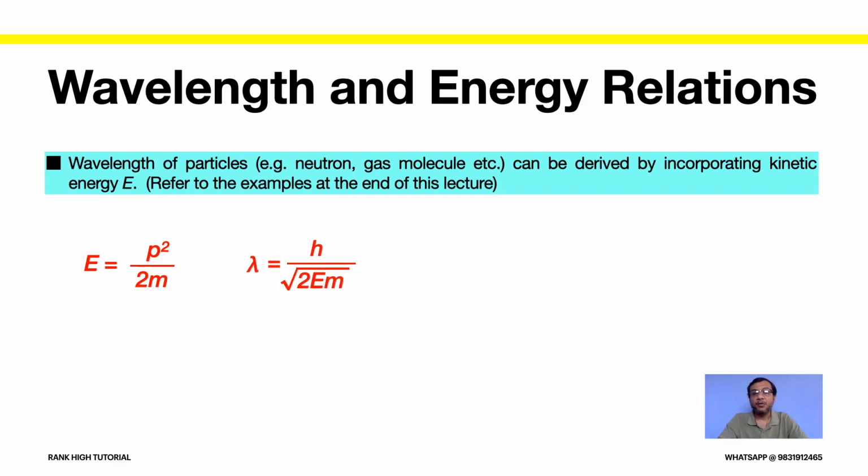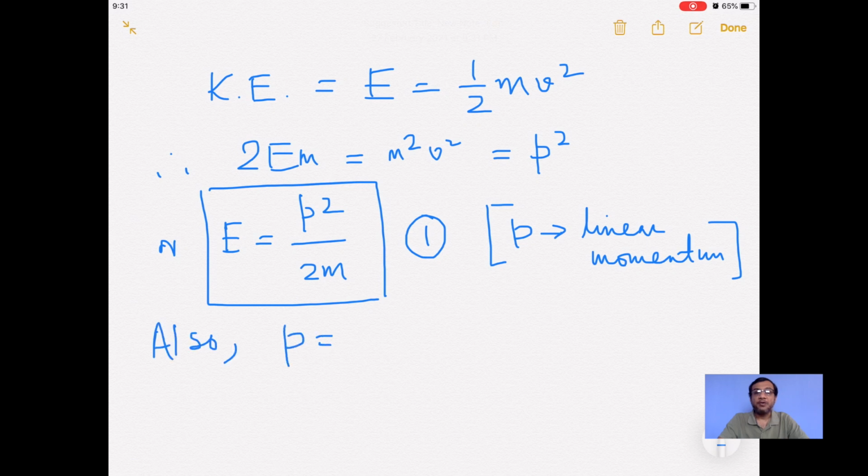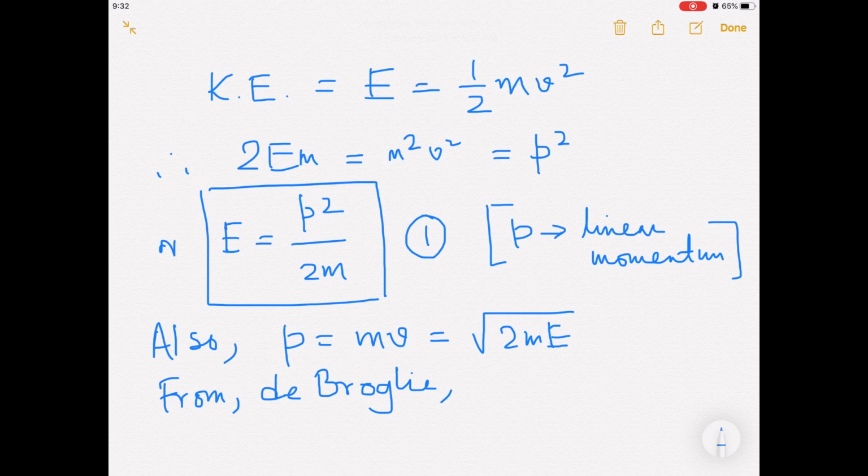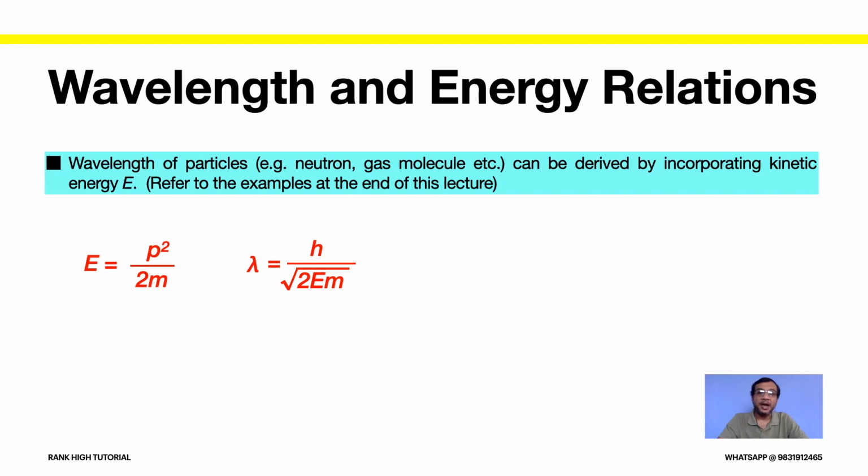Secondly, lambda equals h by square root of 2 E m. Thirdly, lambda equals h by square root of 2 m times total energy minus potential energy.